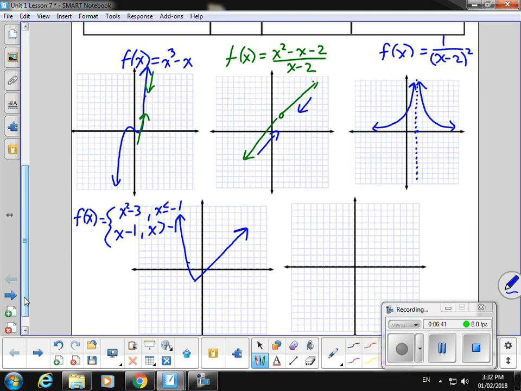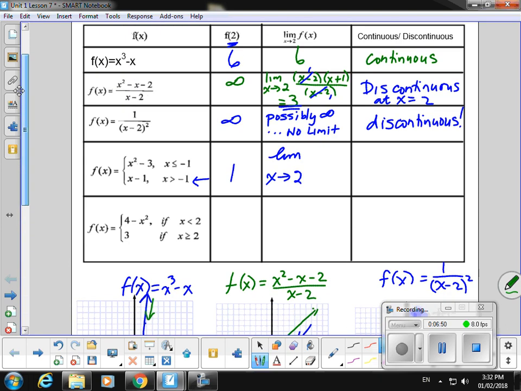As we approach 2, we are going to be approaching the same value from the left and from the right. It will be the value of 1 as well. So I am looking at x minus 1, which equals 1. It is continuous everywhere, but certainly continuous there.